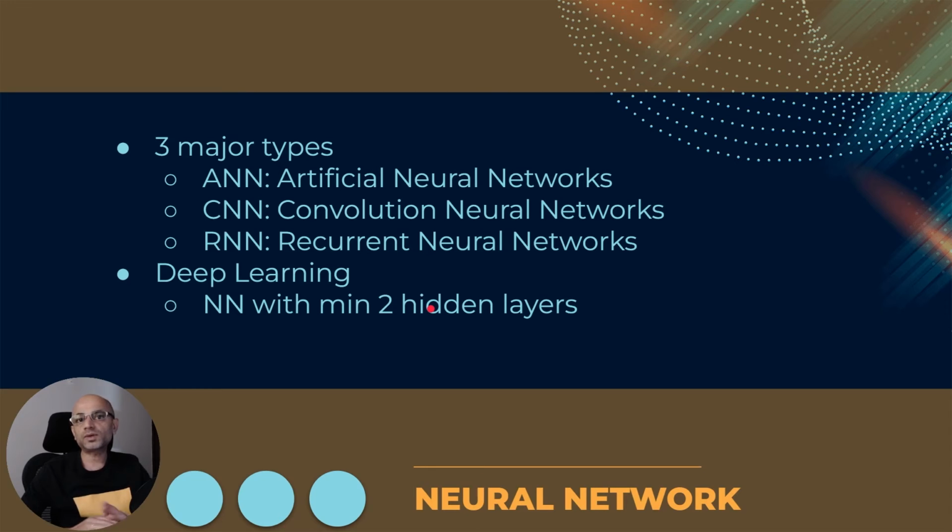And in neural network algorithms, there are three major types: artificial neural networks, convolution neural networks, recurrent neural networks. And when we are talking about these neural network machine learning algorithms with minimum 2 hidden layers, we call it deep learning.